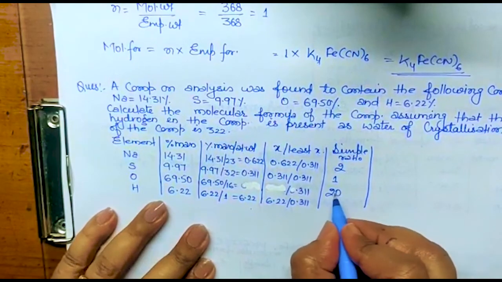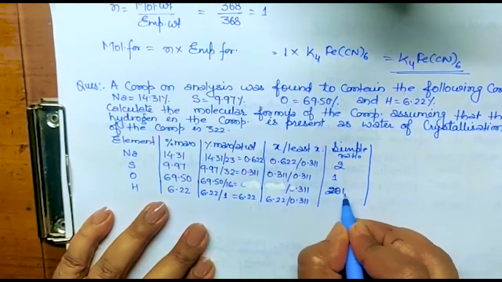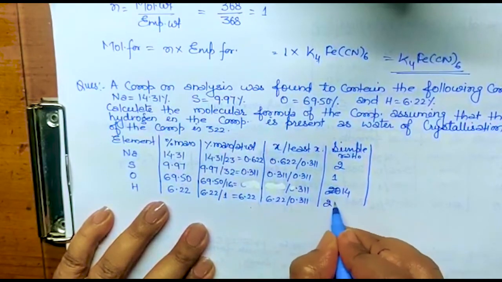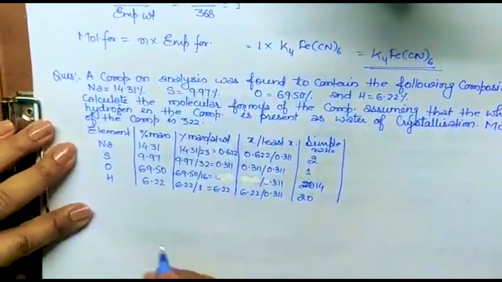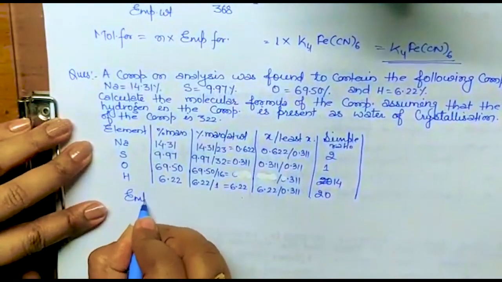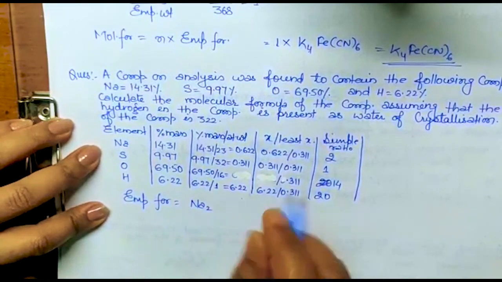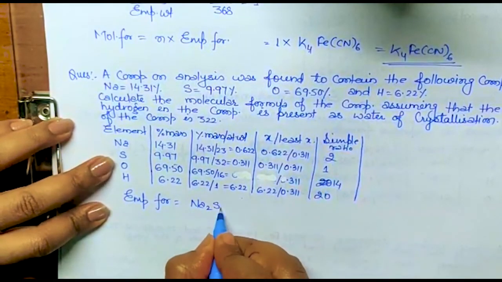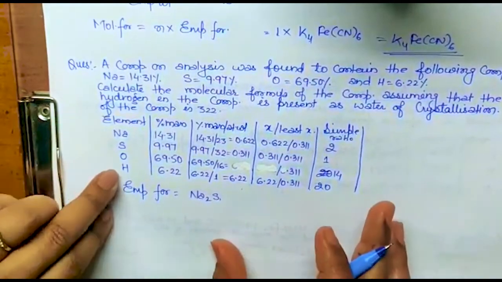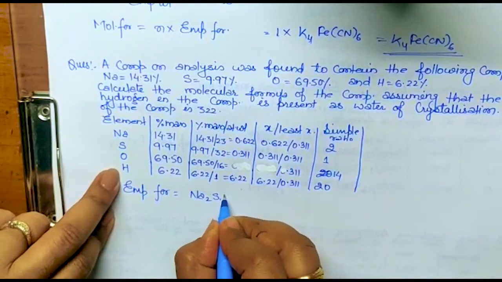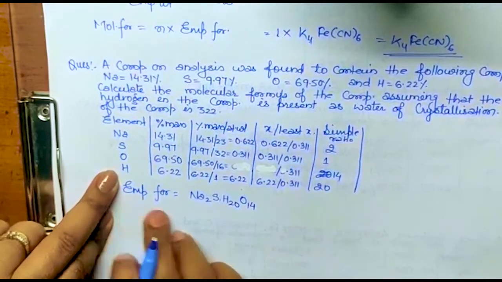So oxygen, when you do this division, is coming 14 and hydrogen will be 20. Okay, I will write it afterwards. So empirical formula first. Empirical formula will be Na. How many Na? 2. Sulfur 1. If it is 1, we will not write it. And hydrogen is 20 and oxygen is 14. This is the empirical formula.